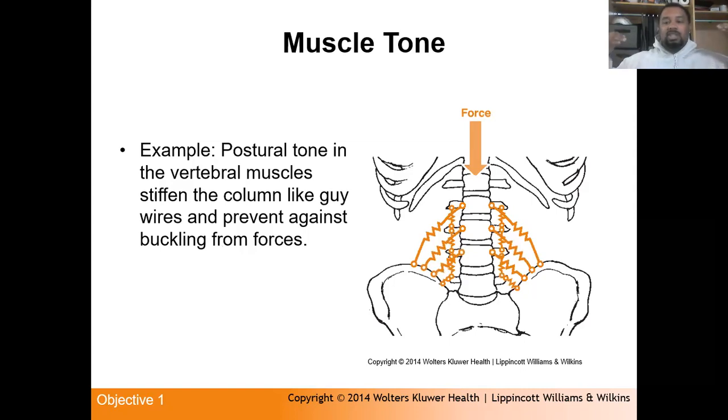The muscle tone is stiffening in my back, and that plays in hand with postural control because my body's telling me this is heavy, so things have to stiffen up so I don't collapse under the weight, if that makes sense.